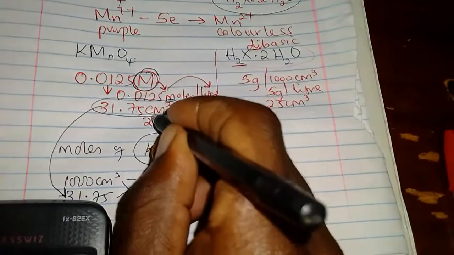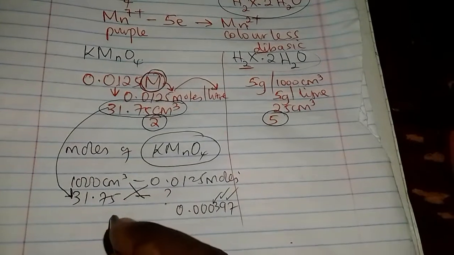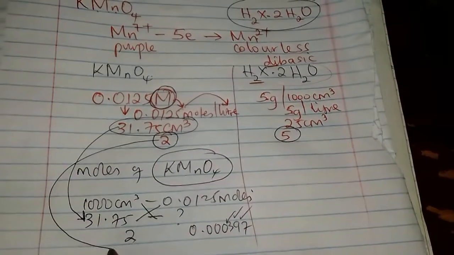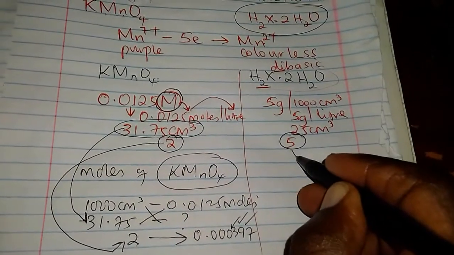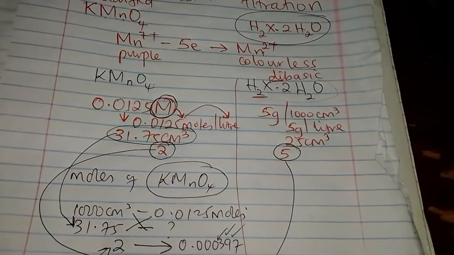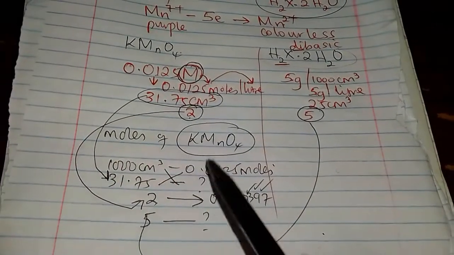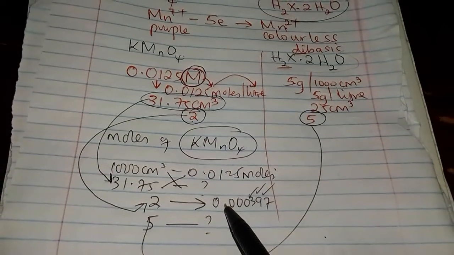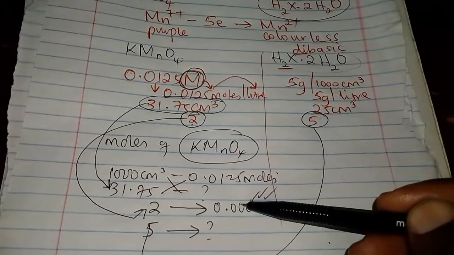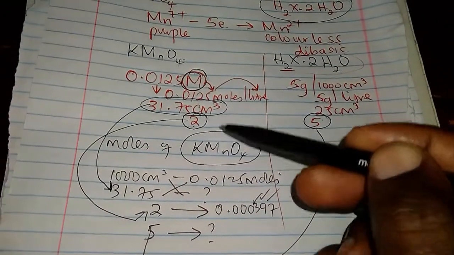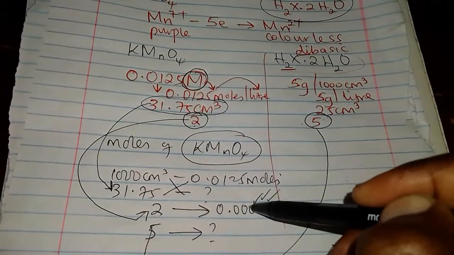If we come back here, the mole ratio is 2 to 5. That tells us 2 represents these moles. What will 5 represent? These are the moles of the potassium manganate(VII) that reacted, and the mole ratio is 2 to 5. So 2 for the potassium manganate(VII) is equivalent to the moles that reacted.